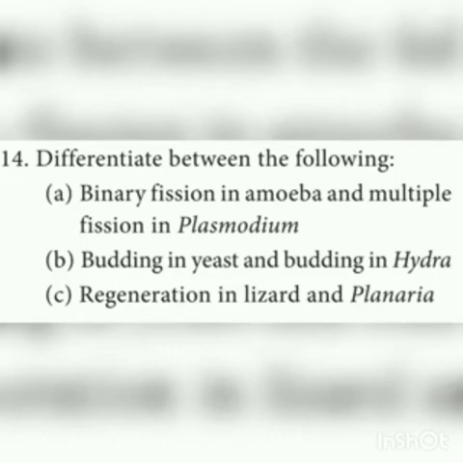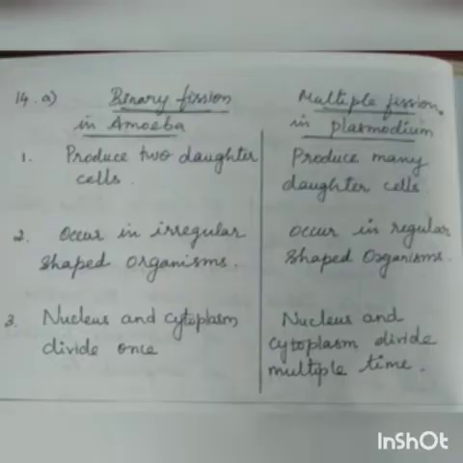Number 1, binary fission in amoeba and multiple fission in plasmodium. Binary fission means it can produce only 2 daughter cells. Bi means 2, whereas multiple means many, so they can produce many daughter cells. Binary fission occurs in irregular shaped organisms like amoeba, whereas multiple fission occurs in regular shaped organisms.